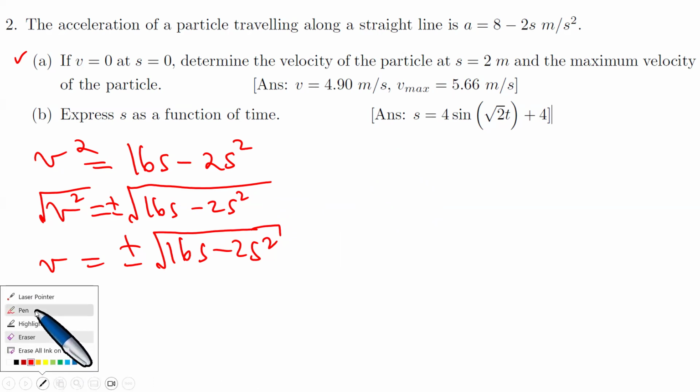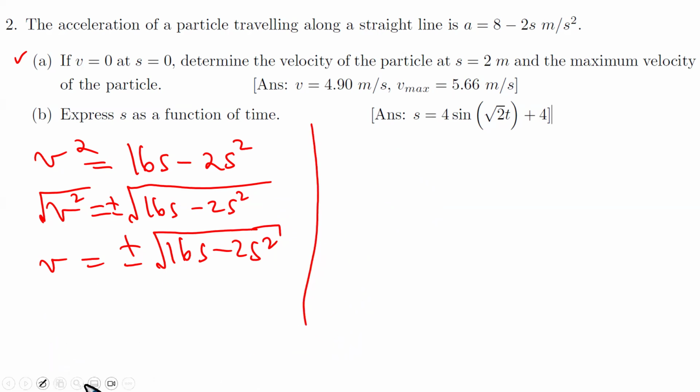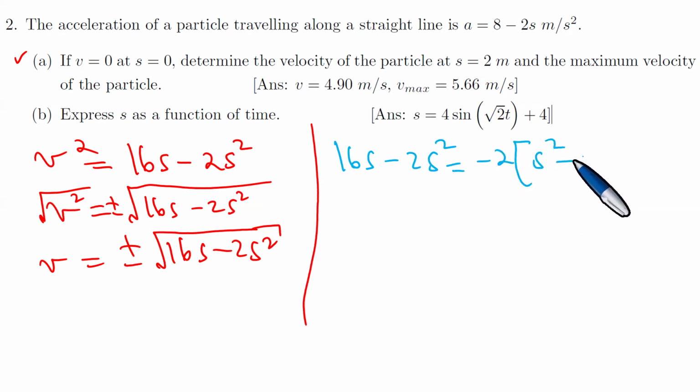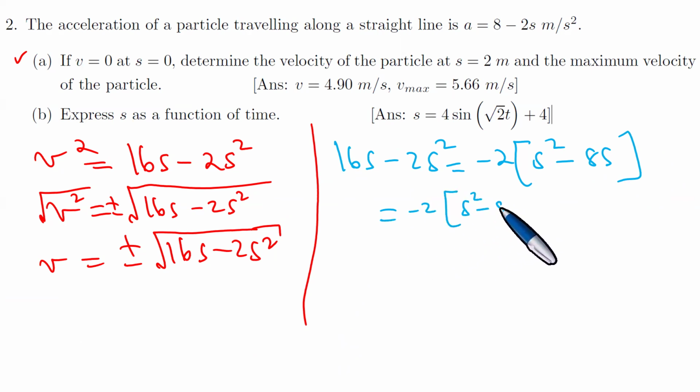This is one way to do this, but not the only way. You can take 16s minus 2s squared, factor out the -2 and have s squared minus 8s, minus 2, which is s squared minus 8s.